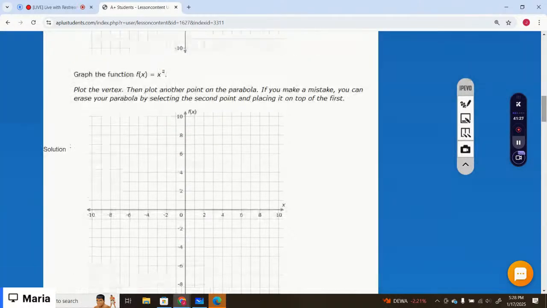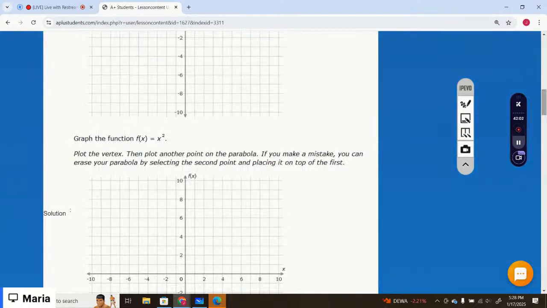Just look at the second one. Graph the function f of x equals x squared. So let's just put x and y 0, 0 to calculate the vertex.